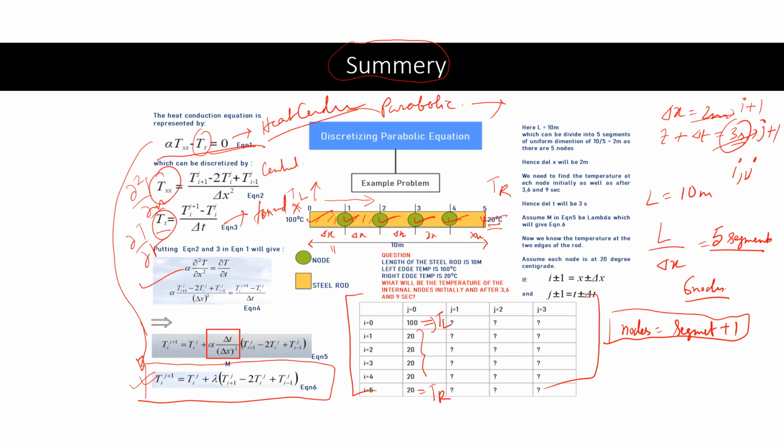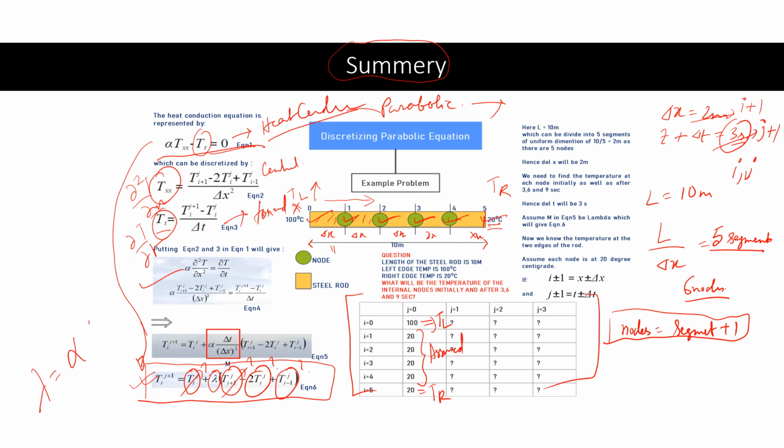But all these four, 1, 2, 3, 4, are assumed to be 20 degrees. Now I have to find out the value of this term, this term, this term, and this term. And not only this, I also have to find out what lambda is.